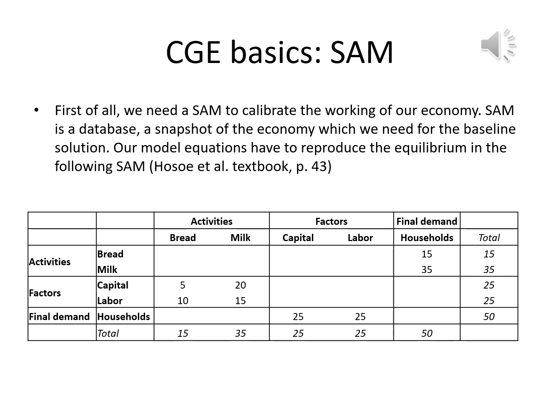You see 3 blocks here: activities block, factors block, and final demand block. This is just for convenience, but actually there is a very meaningful reason why we do this, because the CGE model is going to be built on the idea of this categorization, as you see later on. We will look at each of these numbers in a minute.